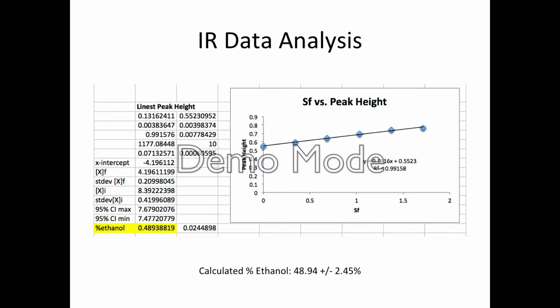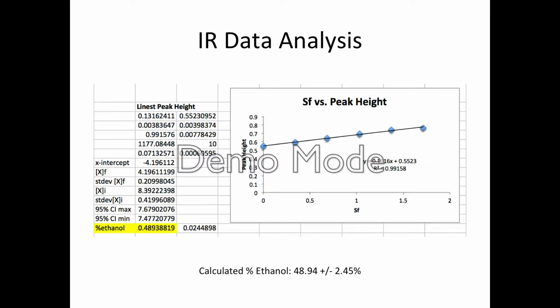To the left of the graph, we have the linear regression calculations done in Excel. You can see the top 2 values are the slope and the intercept. And then with the calculations with help from the Harris Quantitative Chemical Analysis textbook, we were able to do standard addition calculations to back calculate the percent ethanol in the vodka.